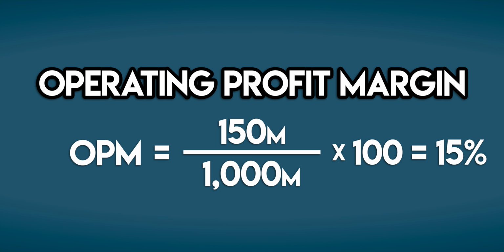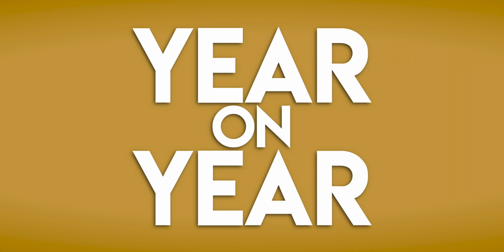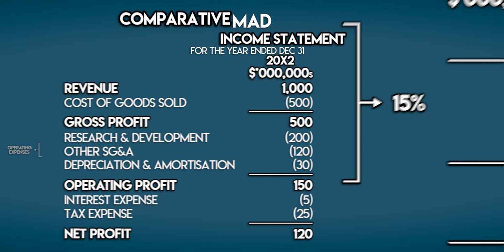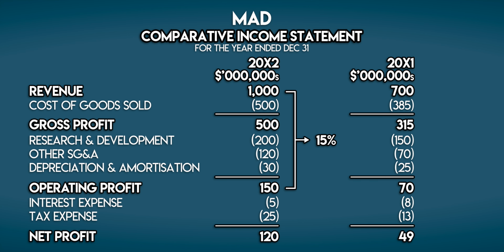Very nice. But whilst it's helpful for us to know this number, operating profit margin becomes more valuable when we make comparisons. For example, we can compare it year on year. Here are MAD's income statements for the past 2 years. In the current year, they generated $150 million in operating profit with an operating margin of 15%.